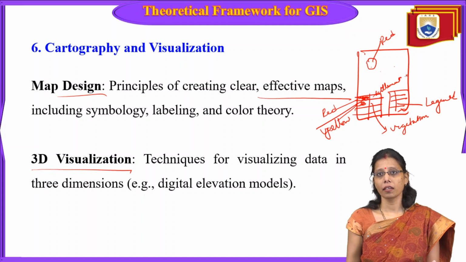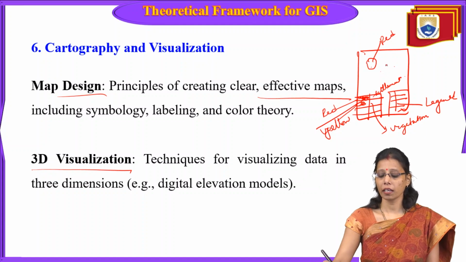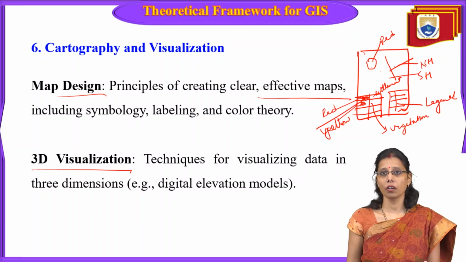Okay. And labeling the feature: if you have a road here, you label the feature as NH highway, or state highway, or national road, or something like a local road. All that labeling we can do in cartography and visualization. This is what we are doing here: in a map, we are transforming the real world information to a map.